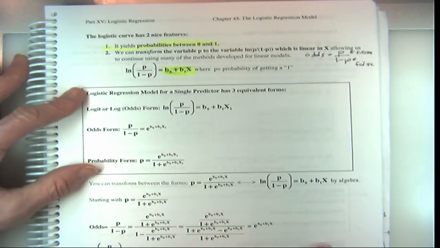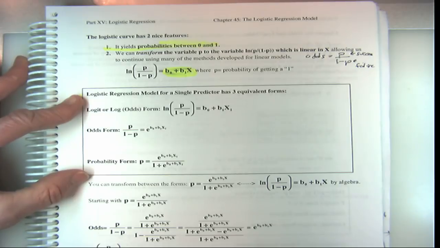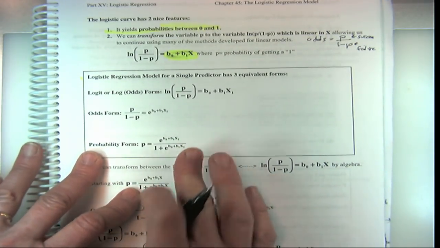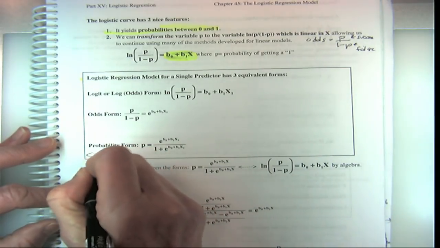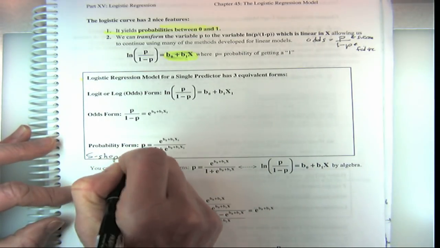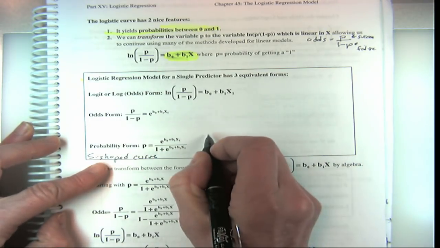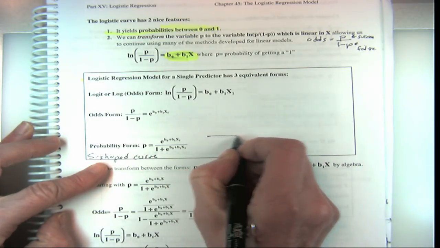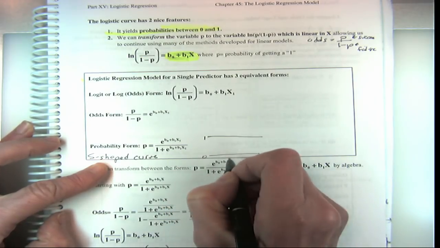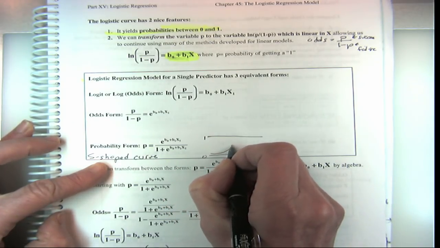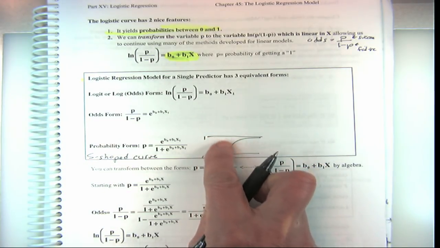So basically, there's these 3 forms to this logistic regression equation. There's the probability form that we just talked about, which is the S-shaped curve. Okay, we've got that, and we said that's bounded between 0 and 1, and it looks something like that. Or it could be negative, too.